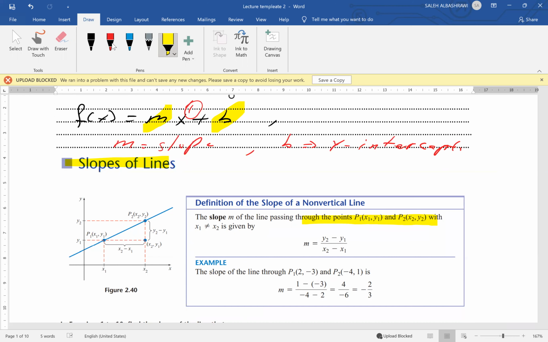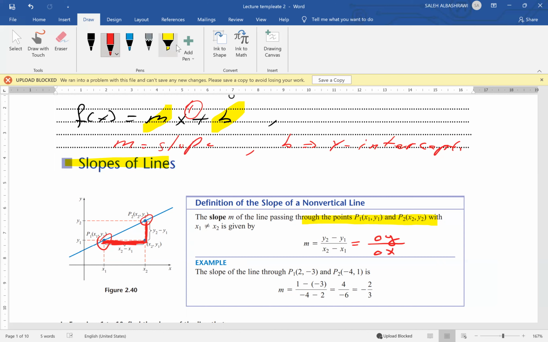So if we have 2 points, p1 with x1, y1, and p2, x2, y2, the vertical difference, which is the difference between y coordinates, is divided by the horizontal difference. This can simply be written as delta y over delta x: y2 minus y1 divided by x2 minus x1.